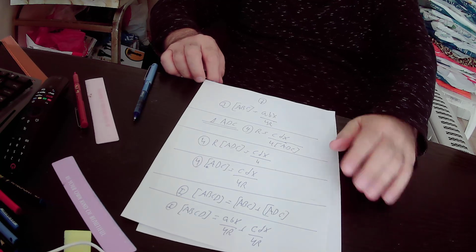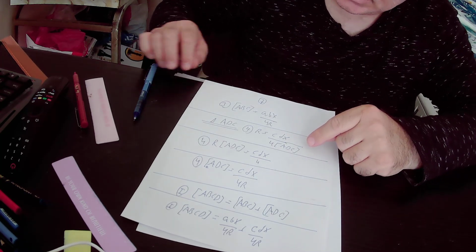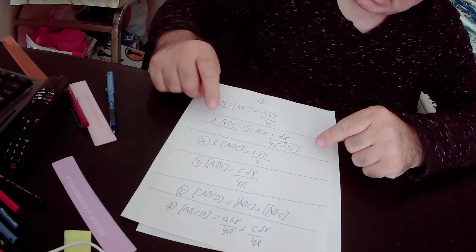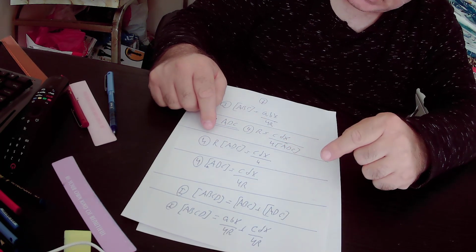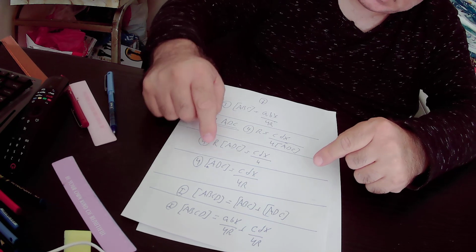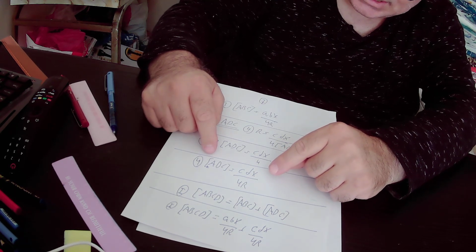We multiplied equation number 4 by the area of triangle ADC, and we got that R times the area of triangle ADC equals CDX over 4. Then we divided equation number 4 by R, and we got that the area of triangle ADC equals CDX over 4R.